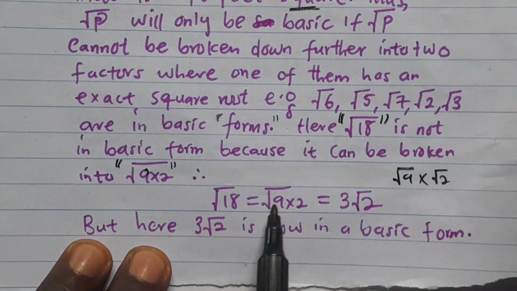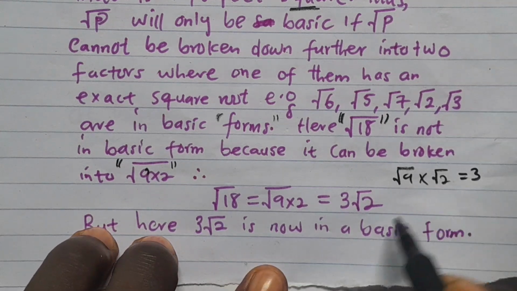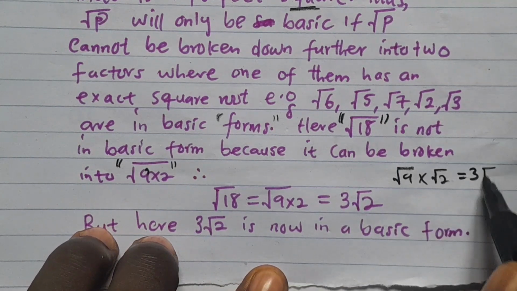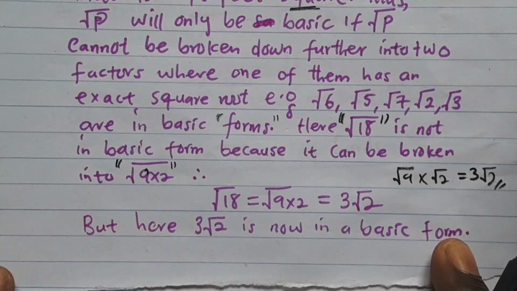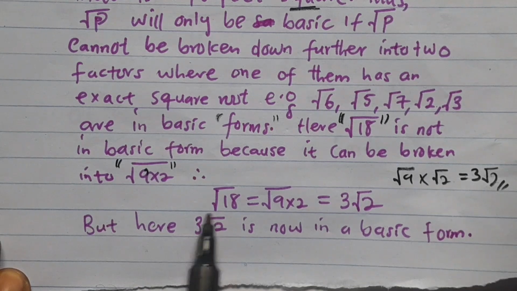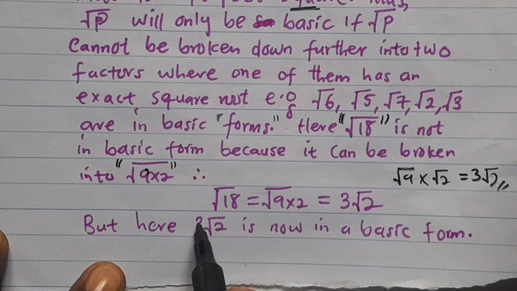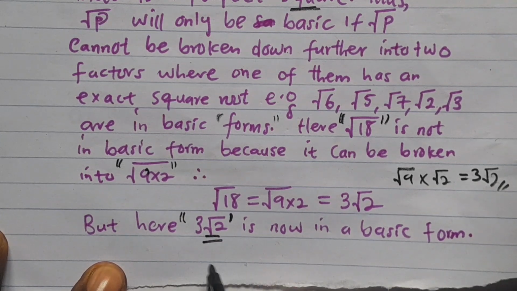So the square root of 9 is 3, multiplied by the square root of 2. That's why we have 3 root 2. But here, 3 root 2 is now in basic form because there's no perfect square in root 2.